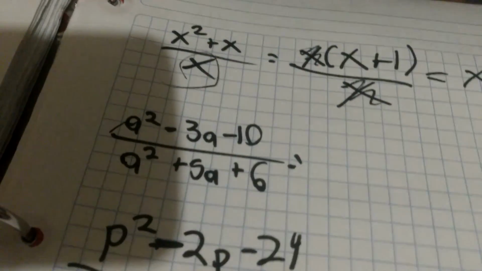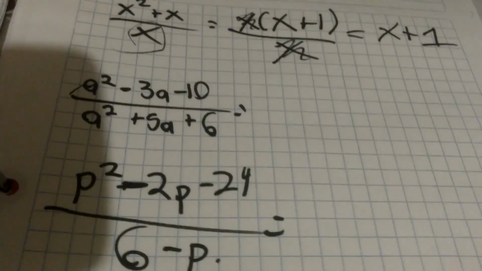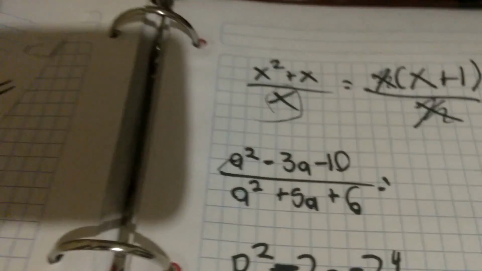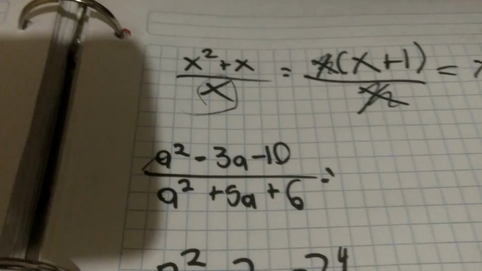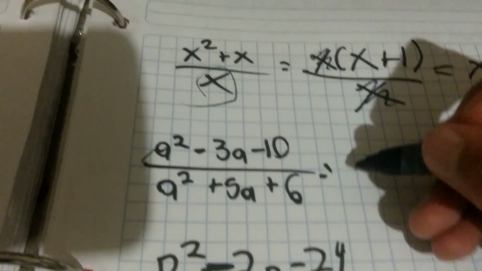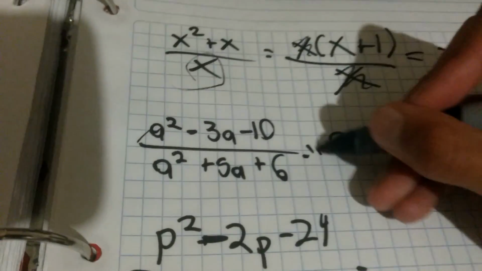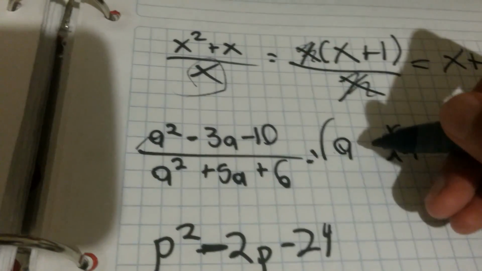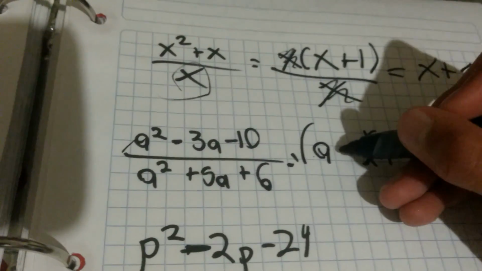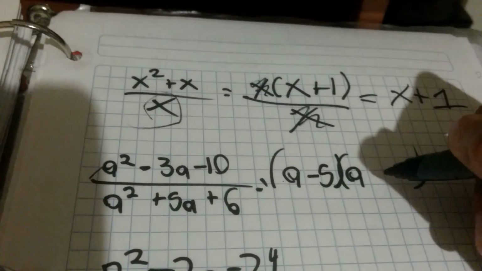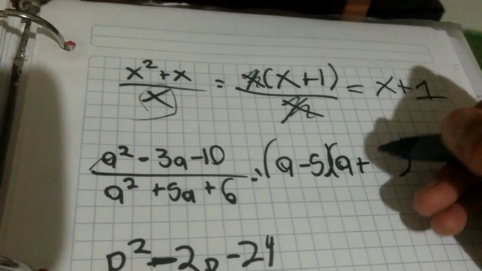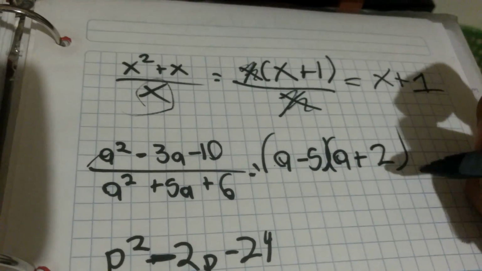We're doing the same method for the next two exercises, and this one would be a times a, and the things we should do that we must sum are minus 5 and plus 2.